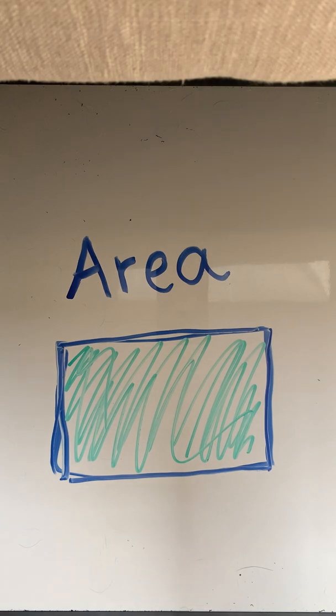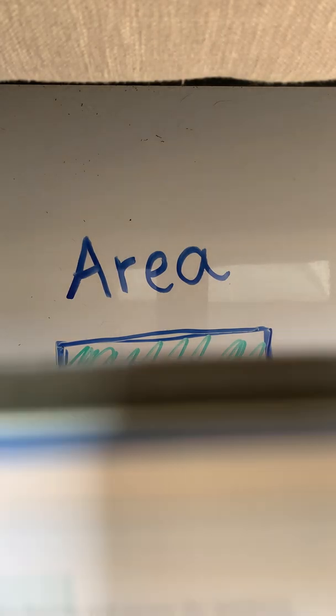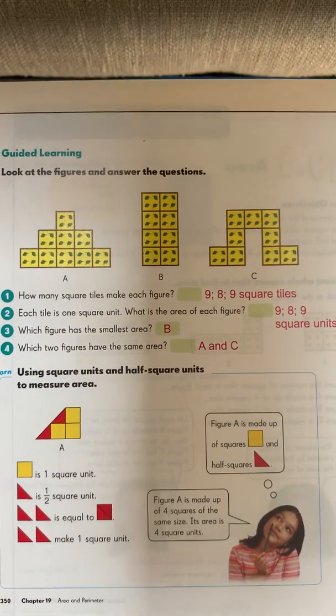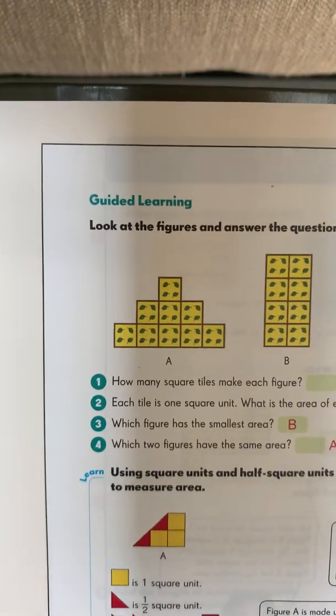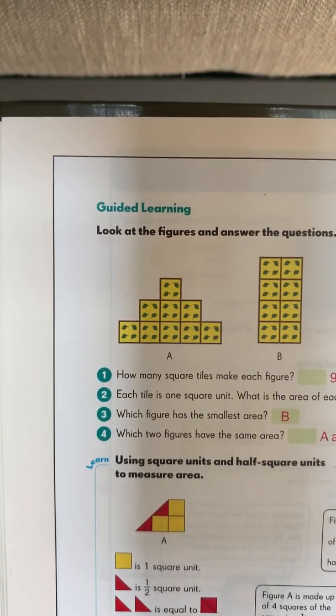Go ahead and flip to textbook page 350. It's going to look like this, okay? Find that page for me and let's look at some of these together. So it says, look at the figures and answer the questions. How many square tiles make each figure? Okay, well, let's look at A first.